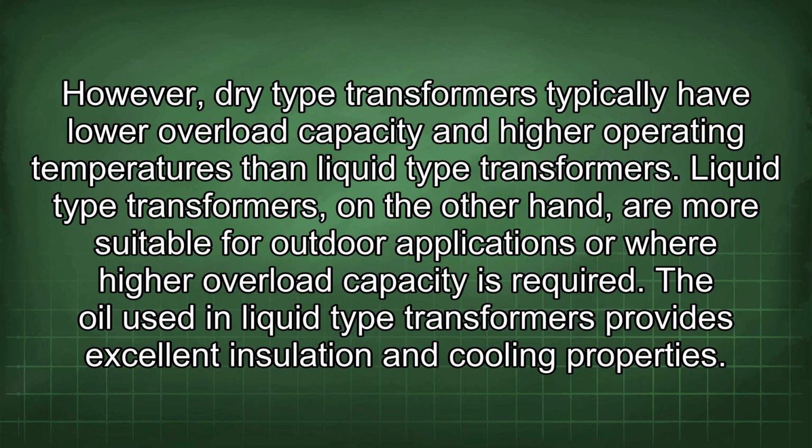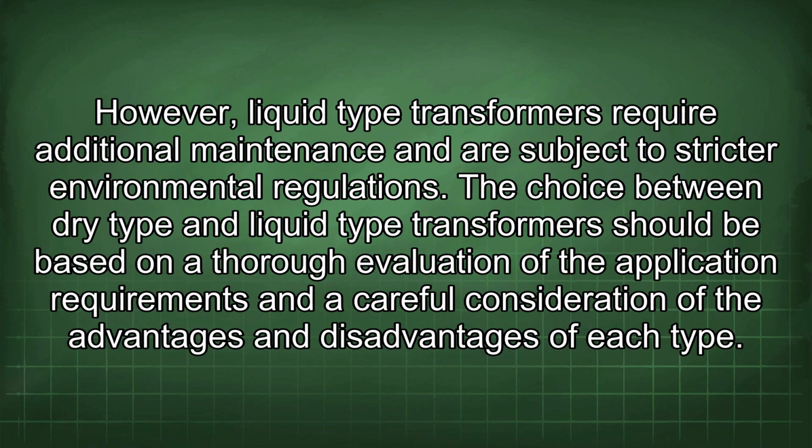The oil used in liquid-type transformers provides excellent insulation and cooling properties. However, liquid-type transformers require additional maintenance and are subject to stricter environmental regulations. The choice between dry-type and liquid-type transformers should be based on a thorough evaluation of the application requirements and a careful consideration of the advantages and disadvantages of each type.